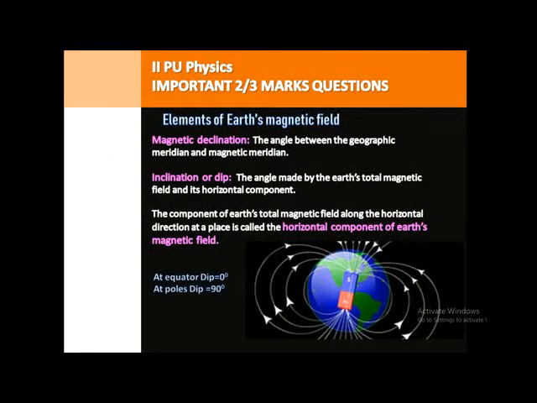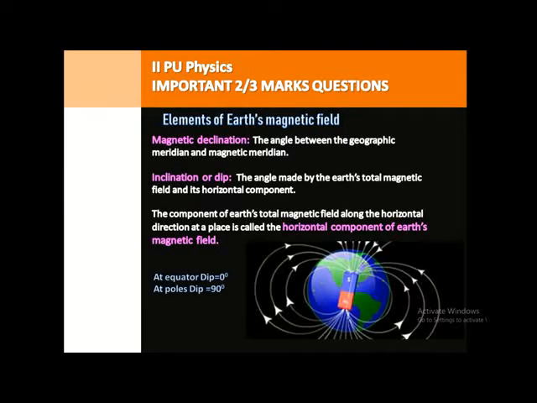Next, the elements of earth's magnetic field. What are the elements of earth's magnetic field? Magnetic declination, inclination or dip, and horizontal component of earth's magnetic field. And what is magnetic declination? The angle between geographic meridian and magnetic meridian.